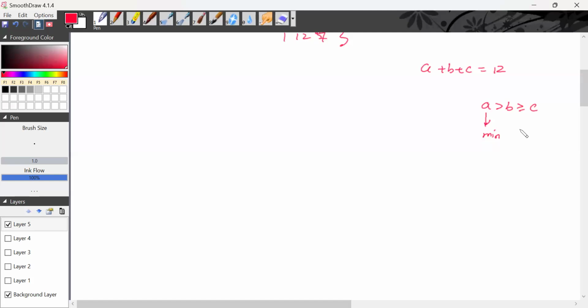A, B, C are non-negative. मिनिमम निकालना है ना. Now how do we process this? Suppose I want to find the minimum value of it. I should ideally want that it should be 0, because इससे तो नीचे नहीं हो सकता कोई. But because of this constraint, this is not possible, right?